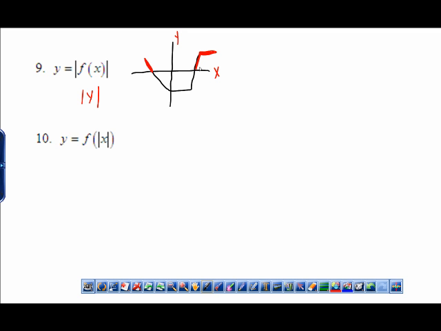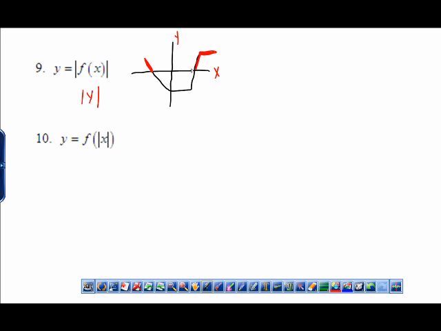Those points will not change. However, this whole part below the x-axis, where the y values were negative, we are going to recreate those points, but where the y value is positive. What that's going to end up doing is a reflection.